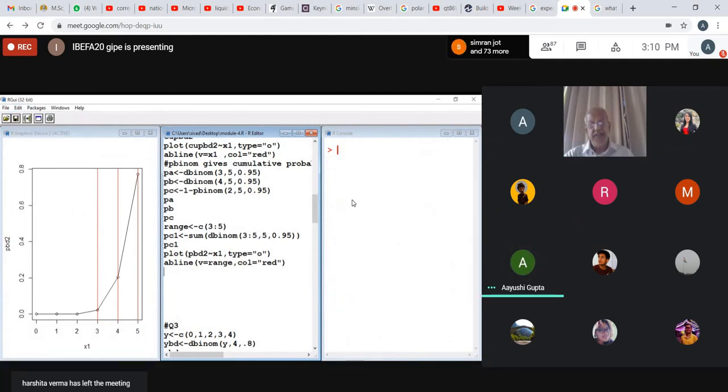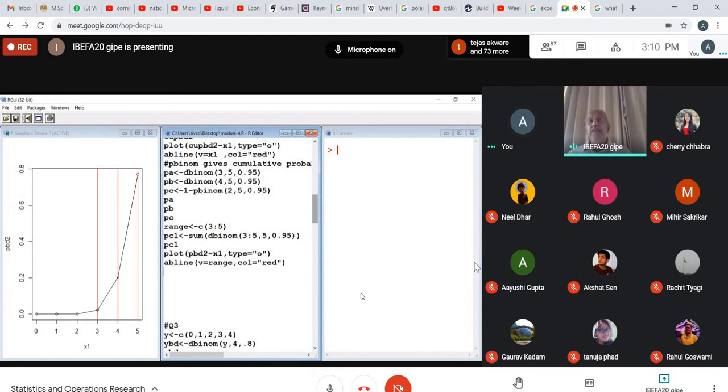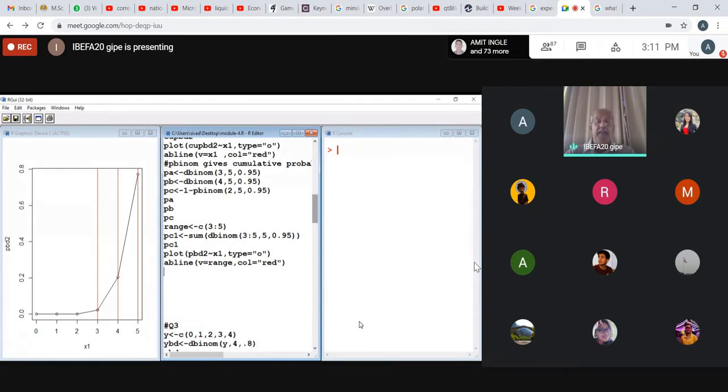Sir, can you please explain this range part? The last question was to evaluate the probability for greater than or equal to 3. So 3, 4, 5 is the range for evaluating probability.